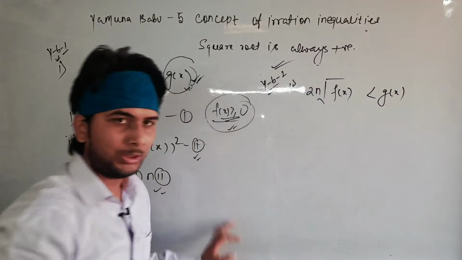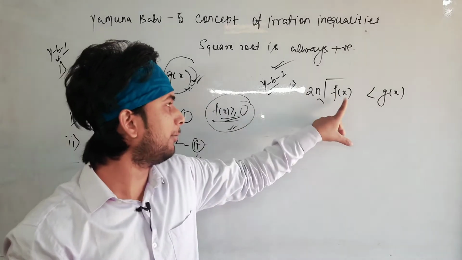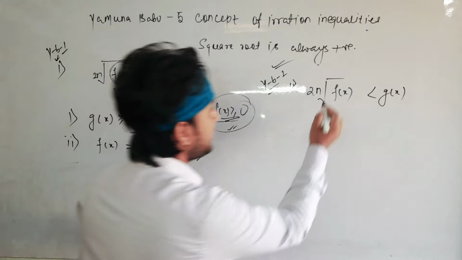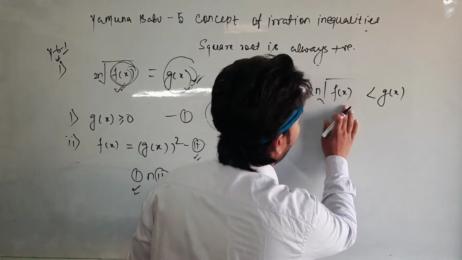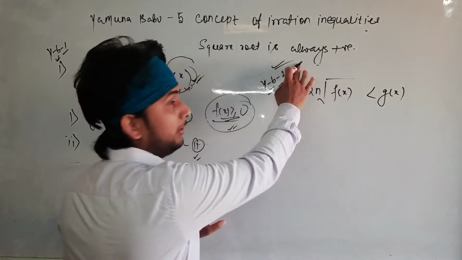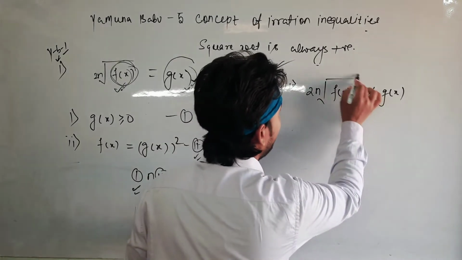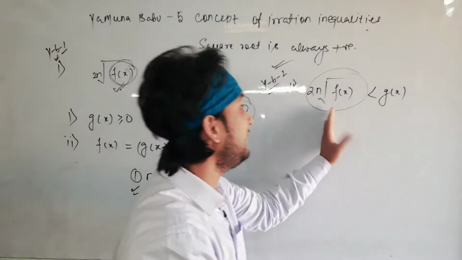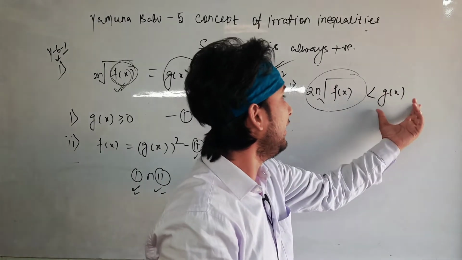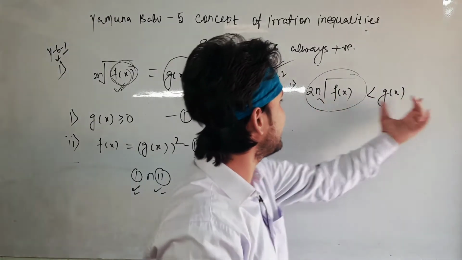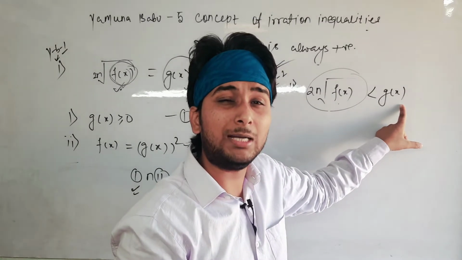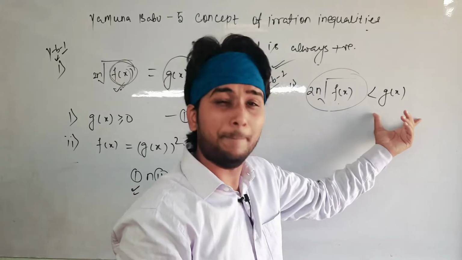First of all, as we know that under root of f(x) is positive, and if a positive number is less than any expression, then that expression must also be positive.